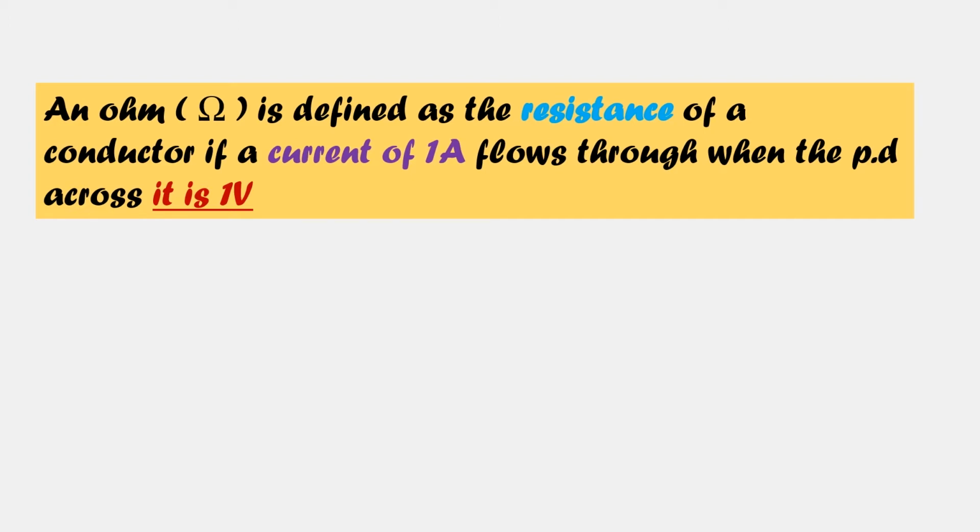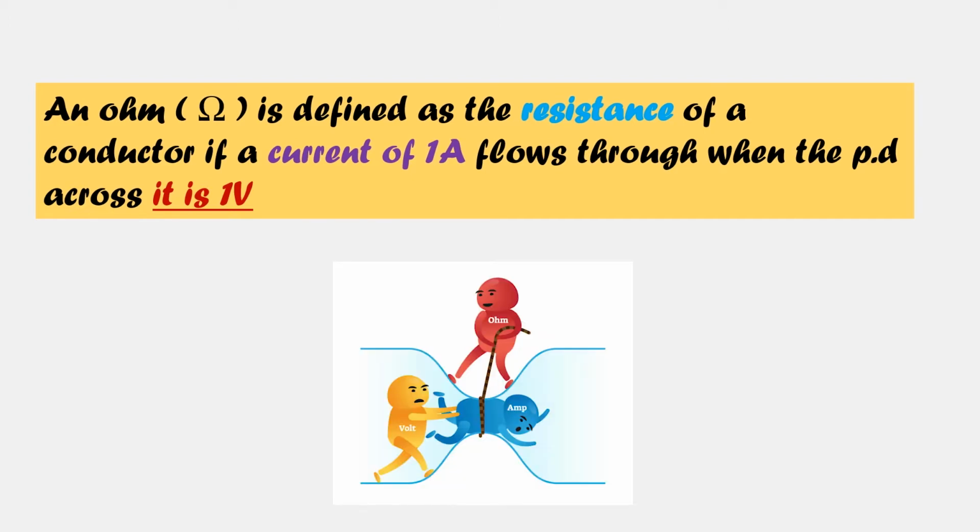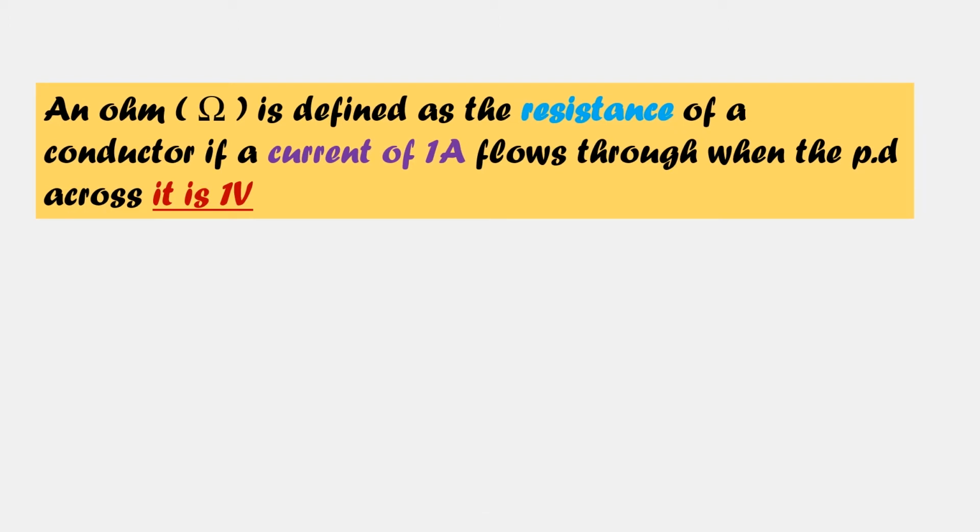So when you have a current of 1 ampere flowing across the ends of the conductor and the PD across it is 1 volt, then the resistance or the opposition to flow of that current offered is what we are calling an ohm.